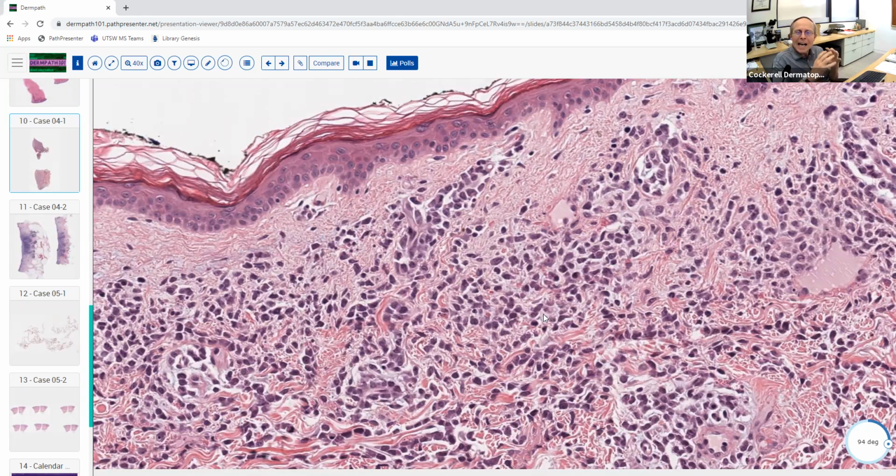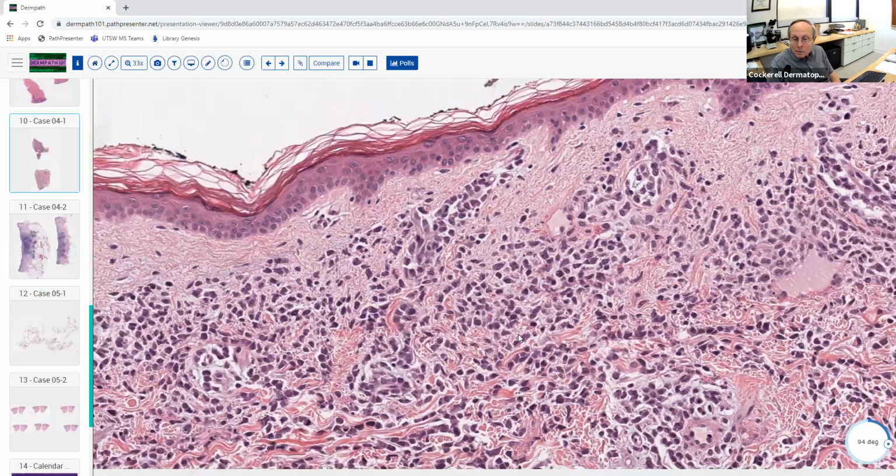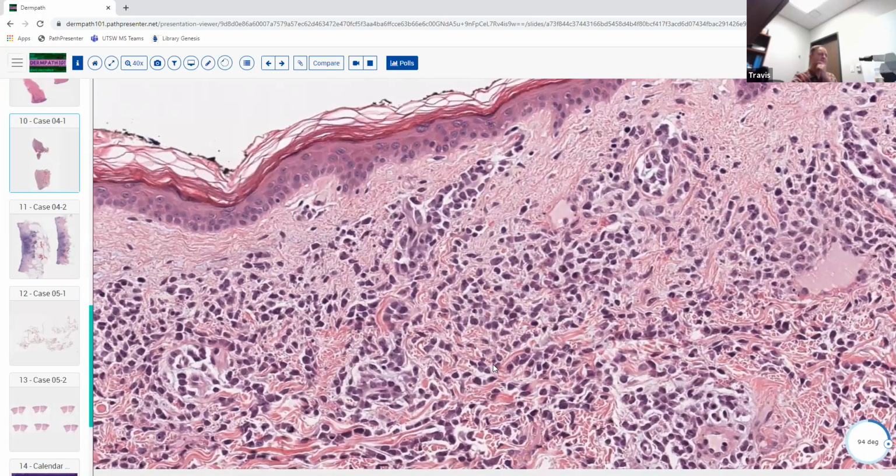So what kind of leukemia gives you almost histiocyte-like morphology admixed with darker, more hyperchromatic cells that look like lymphocytes, and even some that almost look like a neutrophil, like a band form? AMML. That's one of the more common forms of leukemia to spread to the skin. So this is AMML. That's what this patient had.